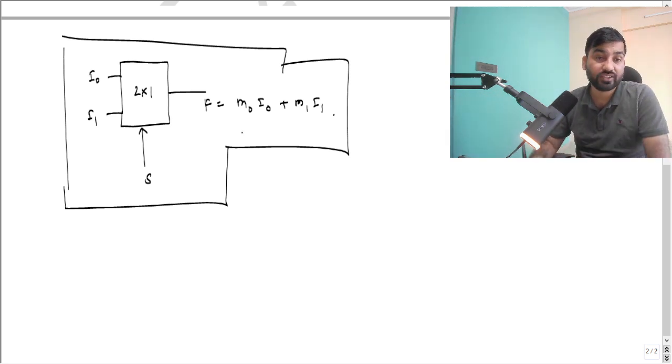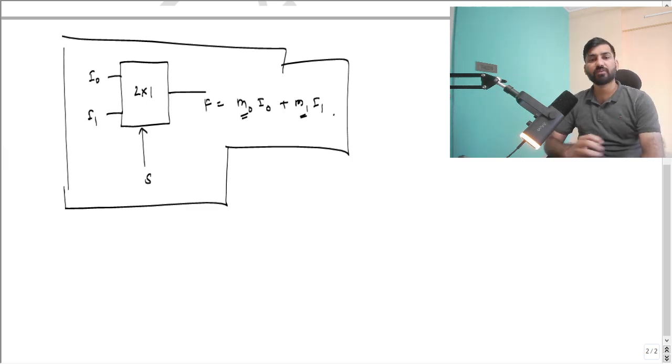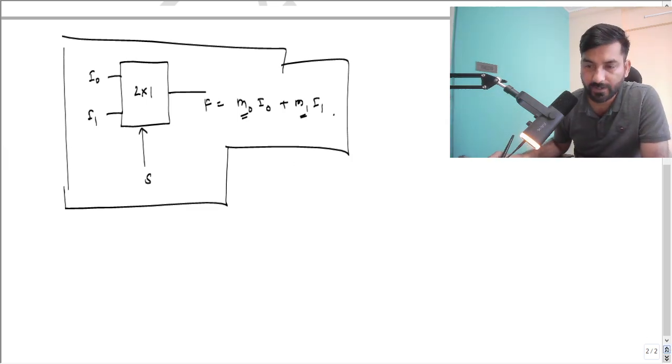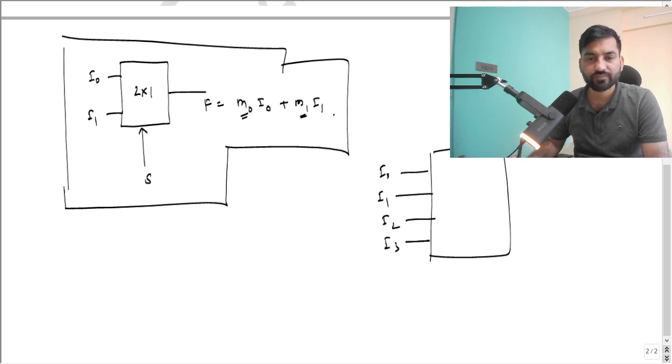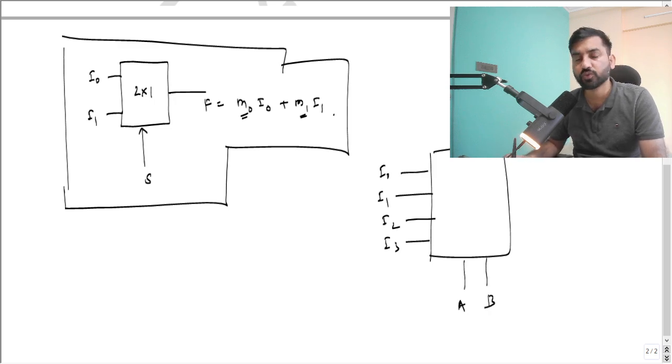M0 is nothing but the minterm corresponding to 0, and M1 is the minterm corresponding to 1. Let's say there are 4 inputs, I0, I1, I2, I3, and two select lines, A and B. This is a 4:1 mux.